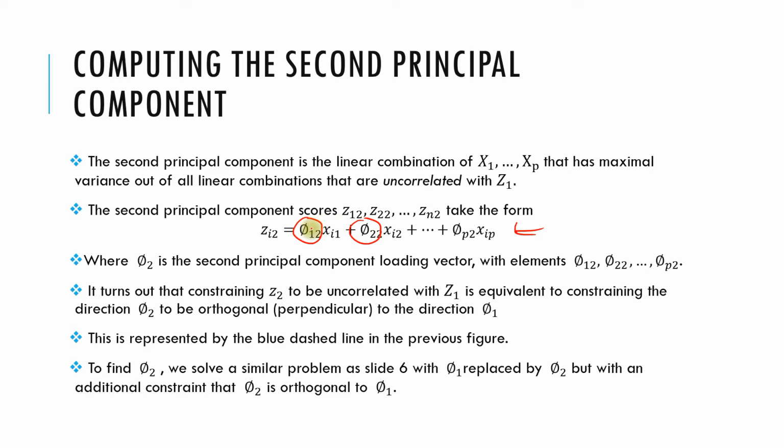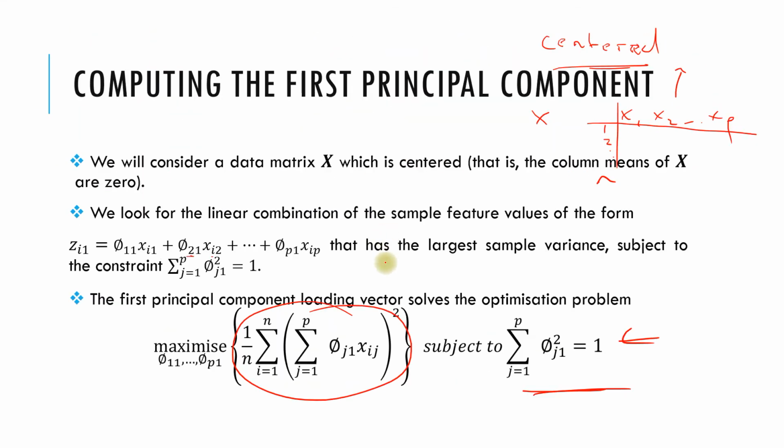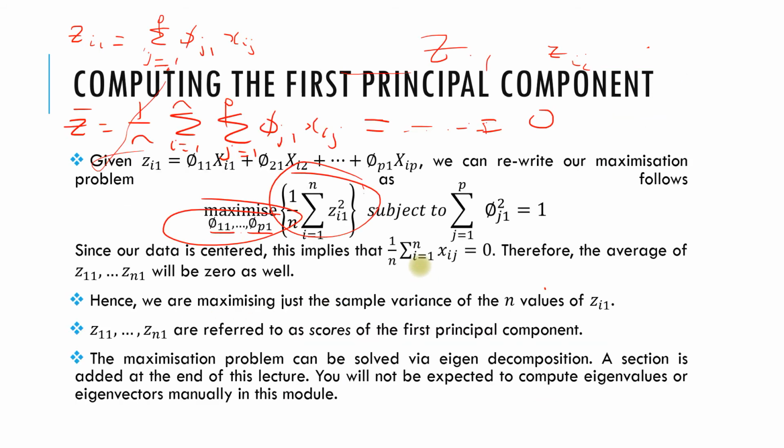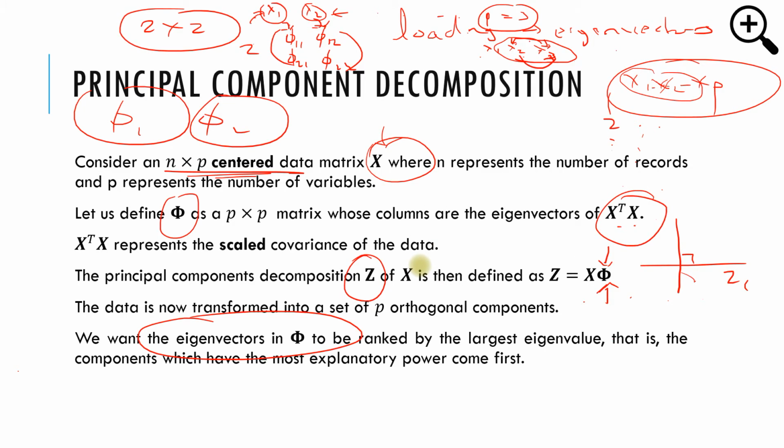You might ask yourself, but how do I get these values? What are these values of phi j that maximize the variance? The value that maximizes variance is obtained by looking at the eigenvectors. And as I told you, to understand more about eigenvectors, please refer to the last section of this PowerPoint slide where this is discussed again.